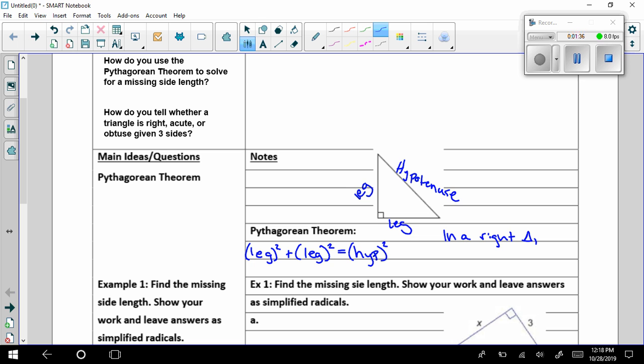So let me back up here and call this leg 1 and leg 2. It doesn't matter which one goes in where. We shorten that by calling this side A and this side B. So we have A squared plus B squared is equal to, and then we're going to call always the hypotenuse C.